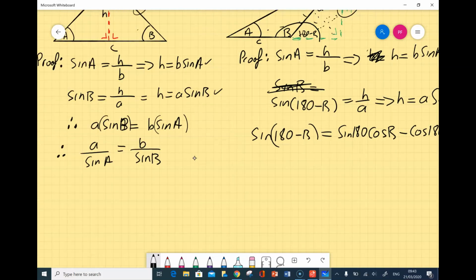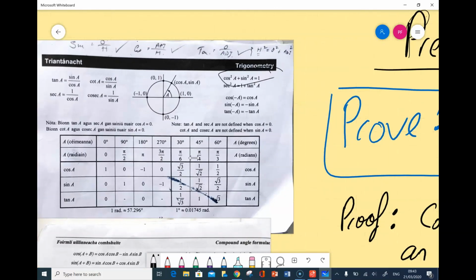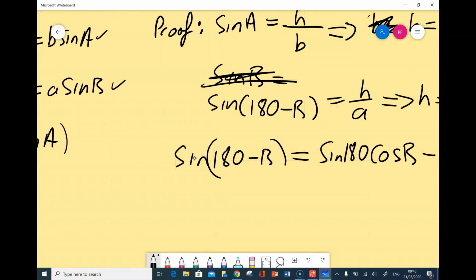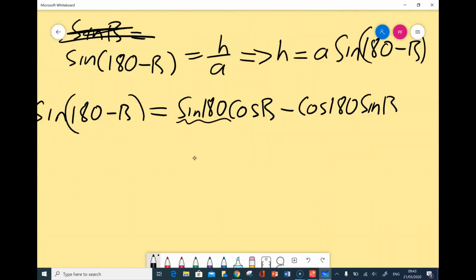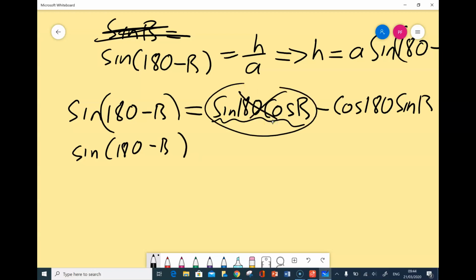Okay, now a quick look at our sine and cos of 180. We can see that cos of 180 is minus 1, sine of 180 is 0. So because sine of 180 is 0, this all goes to 0. So sine 180 minus B equals, this all turns to 0, gone.